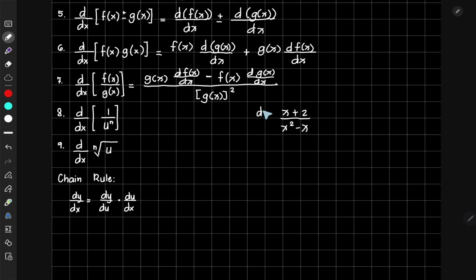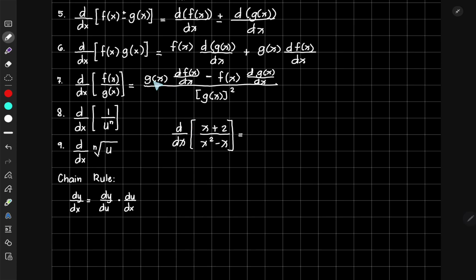So get the derivative of that one with respect to x. So yung ating f of x is x plus 2, and yung g of x natin is x squared minus x. So get the derivative of that one.